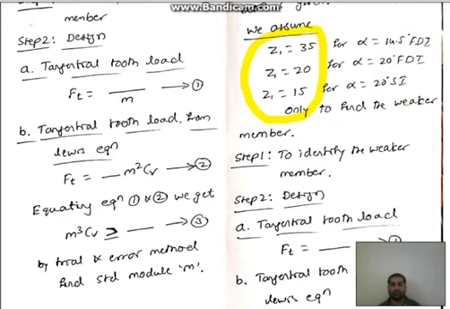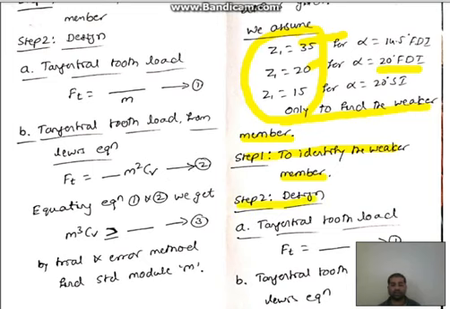For example, if alpha equal to 14.5 FDI is given, then you select or assume Z1 equal to 35 teeth. If 20 degree FDI is given, then assume 20 teeth. This assumption is only to find out the weaker member. Then move to step 1 to identify the weaker member.